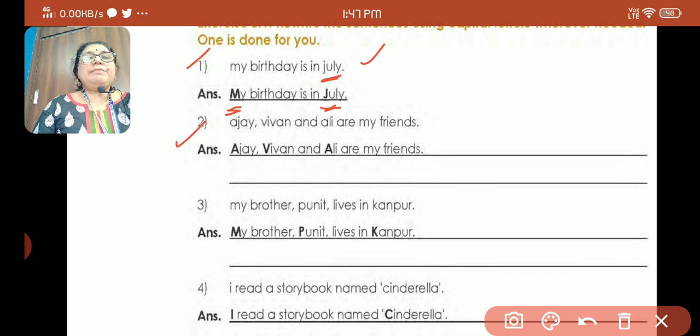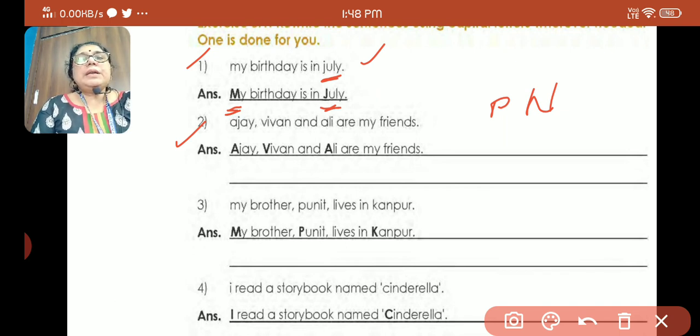Now let's go to the second sentence which we have to do. Ajay, Viveen and Ali are my friends. Ajay, Viveen and Ali are all names of persons. So it is a proper noun, right? So how will we write? All these names will begin with a capital letter, right? All proper nouns begin with a capital letter, no?